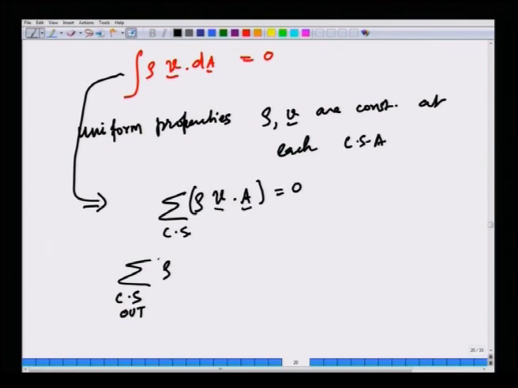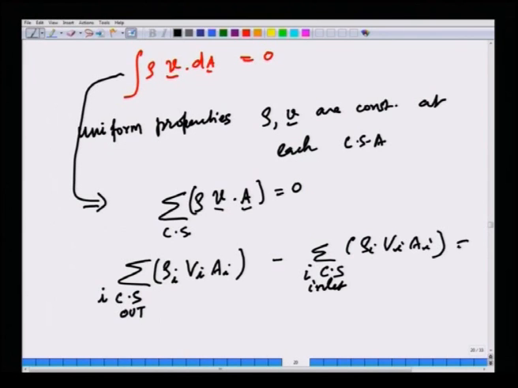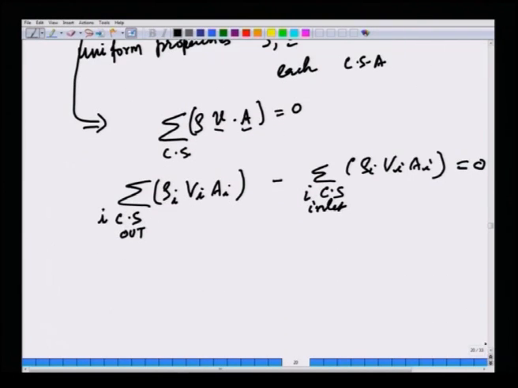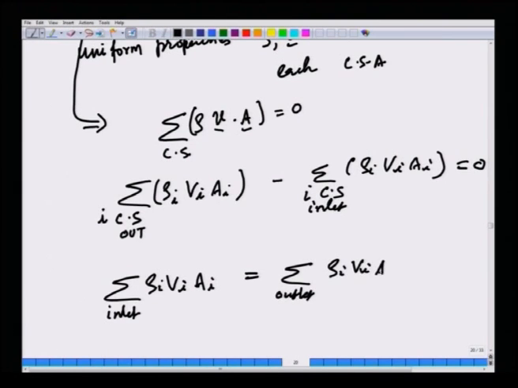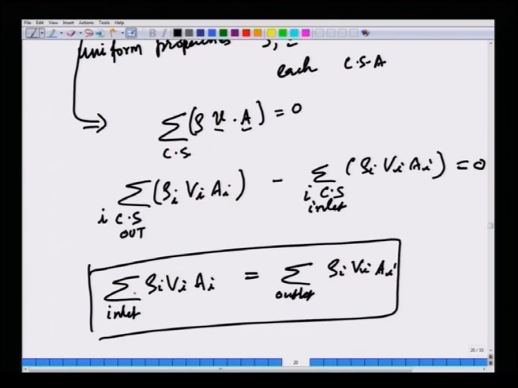At outlets V dot A is positive, so we get rho I V I A I, where I is the index that sums over all outlets, minus the sum over all inlets, since V dot A is negative there, rho I V I A I is 0. Okay, this simply translates to the summation over all inlets of rho I V I A I equals the summation over all outlets of rho I V I A I. This is the mass conservation equation as applied for a steady flow.